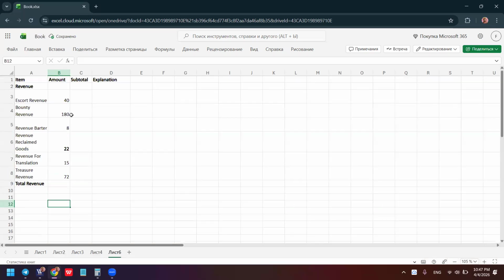If we add it up, what we will get, 40. This one plus this one is 80, 260.